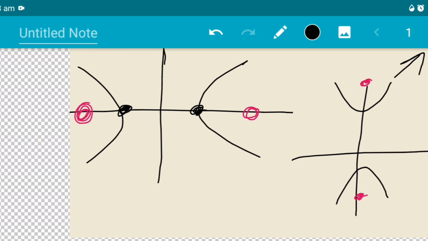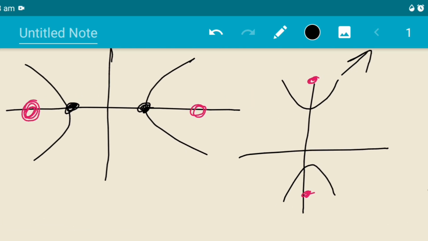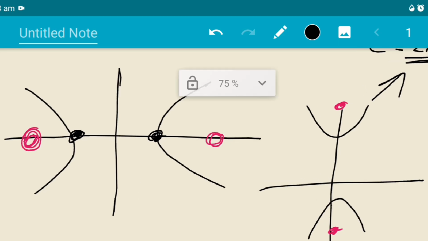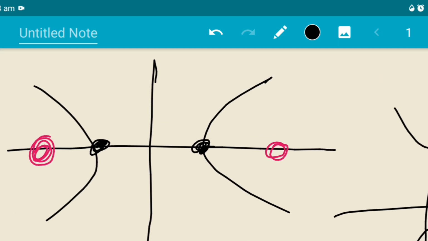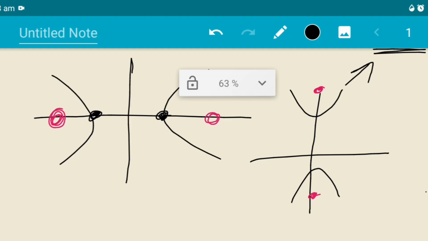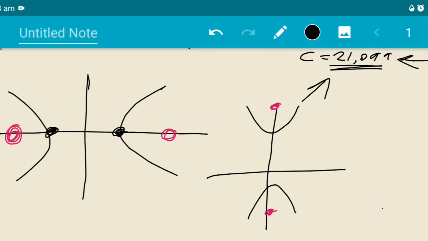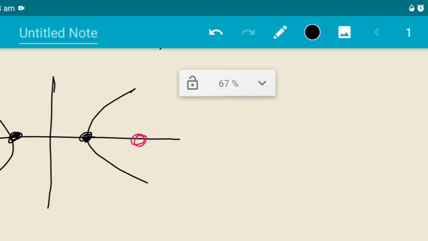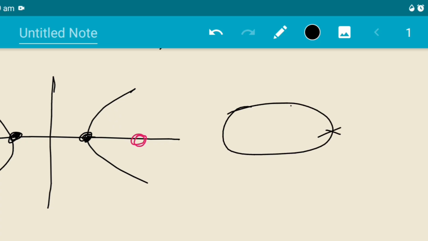So let's go back to our diagram. Just as it is with an ellipse, we discussed saying this here is a vertex, this here is a vertex, and so is this, and so is that. So we've got the vertices in the major axis and the vertices in the minor axis.